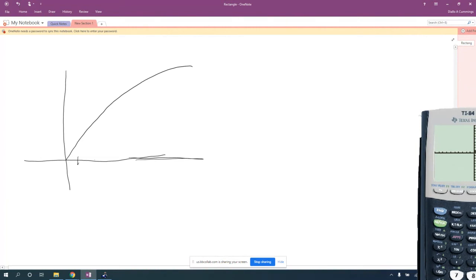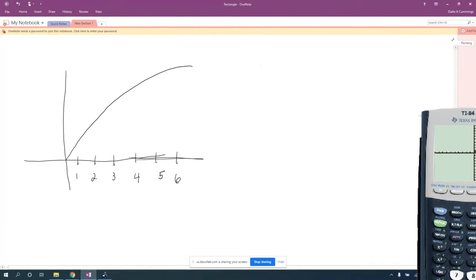So this was 1, 2, 3, 4, 5, 6. So we want x from 3 to 6, and we want 3 subdivisions.